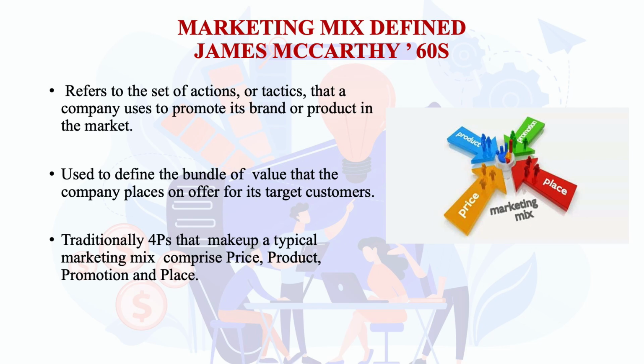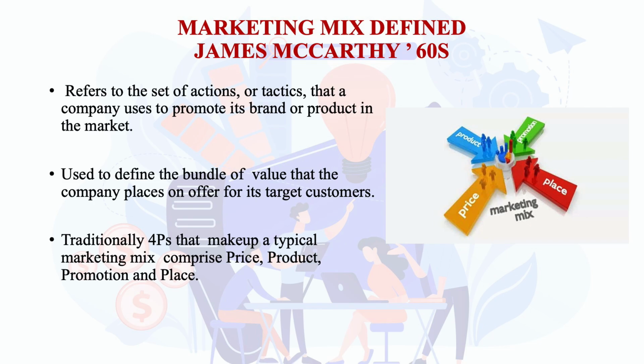Traditionally, when McCarthy first defined the concept of marketing mix, he included 4 P elements in that. These marketing elements, which were part of the traditional marketing mix, are price, product, promotion, and place.